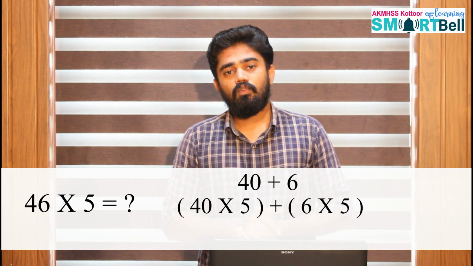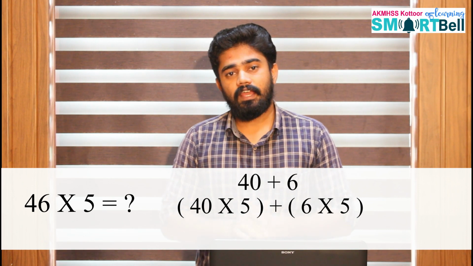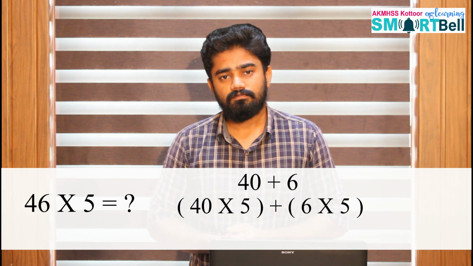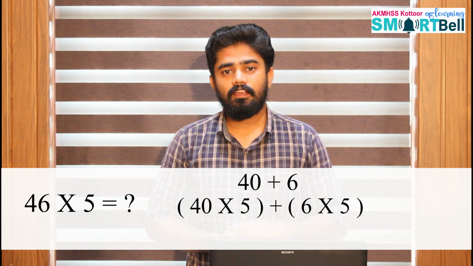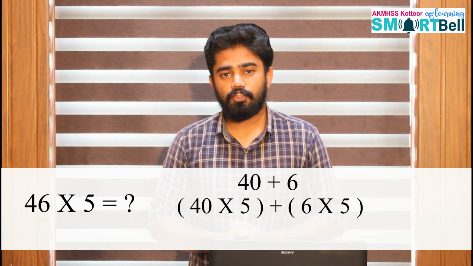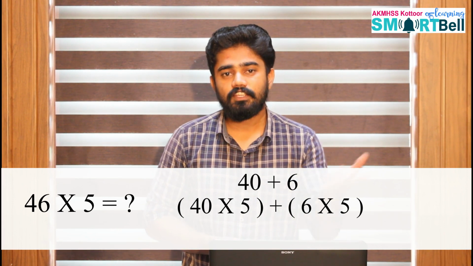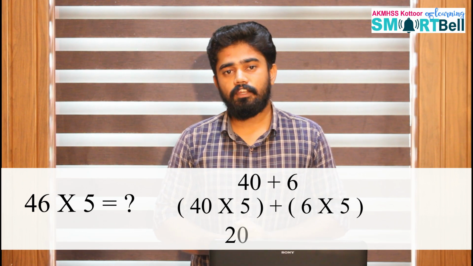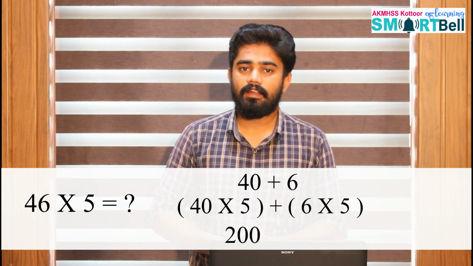What will we get if we multiply 40 with 5? Just multiply 5 into 4, that is 20, then add a 0. So 40 into 5 is equal to 200.